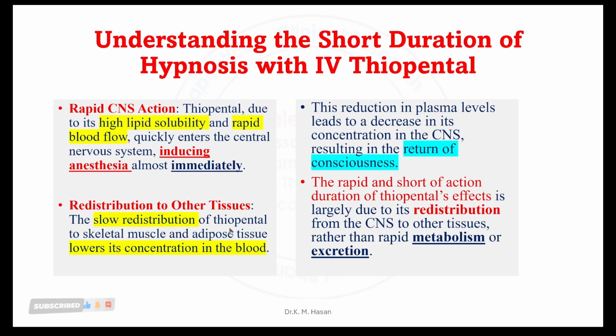The slow redistribution of thiopental to the skeletal muscle and adipose tissue lowers the concentration in the blood, and this will lead to decreased concentration in the nervous system, and the patient will return to consciousness. So the rapid and short duration of action of thiopental is largely due to the redistribution from the central nervous system to the other tissues rather than rapid metabolism or excretion.